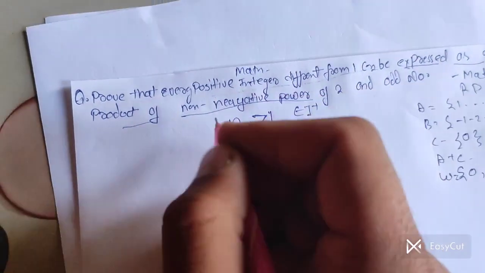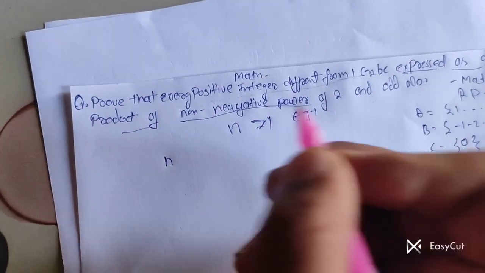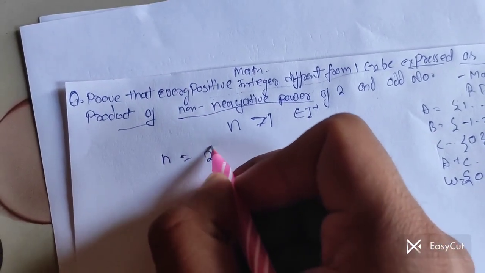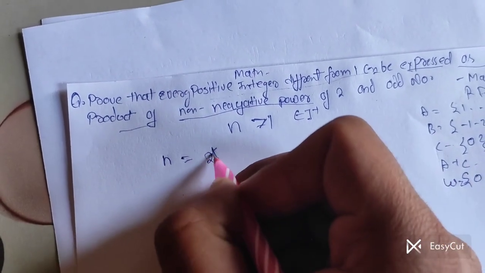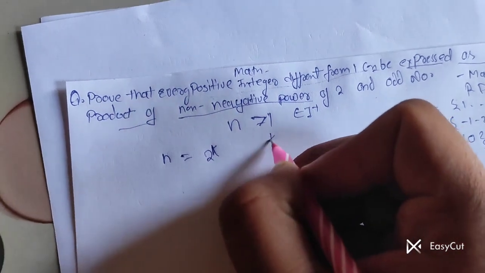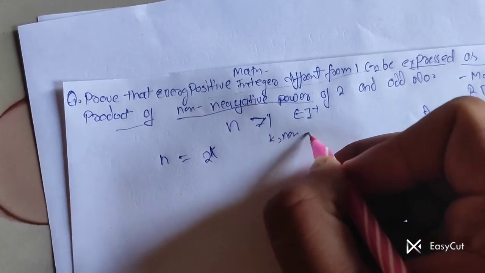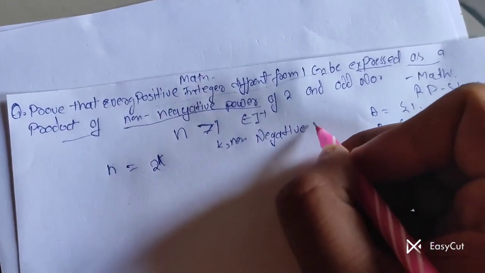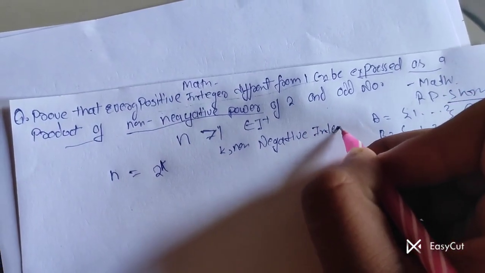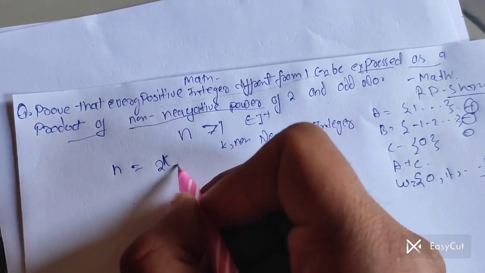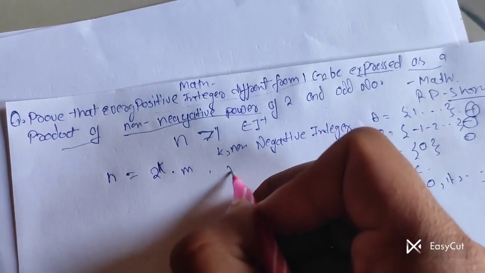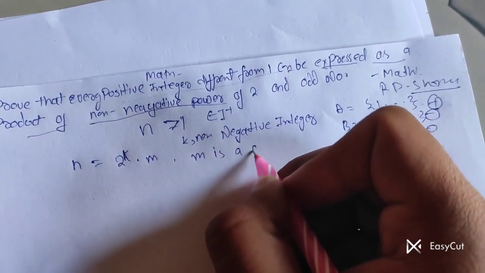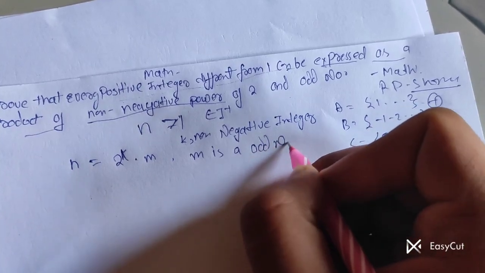So we want to prove that if n is a positive integer, it is expressed as 2 to the power k, where k is a non-negative integer, times m, where m is an odd number.